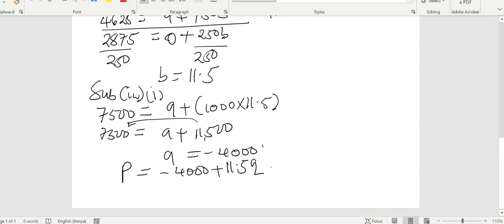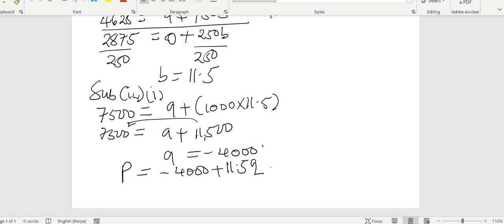So you know the features of a demand function. How do you define demand? When the price goes up, the demand goes down. So it's the opposite.